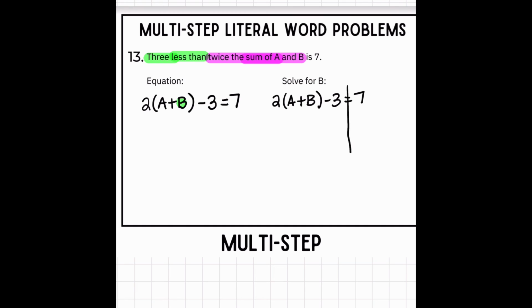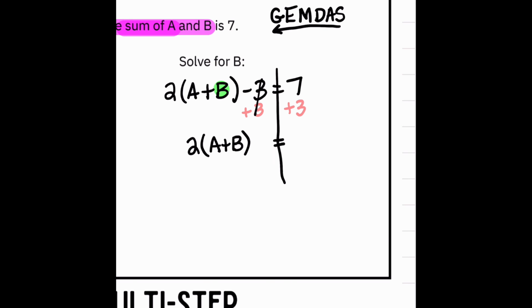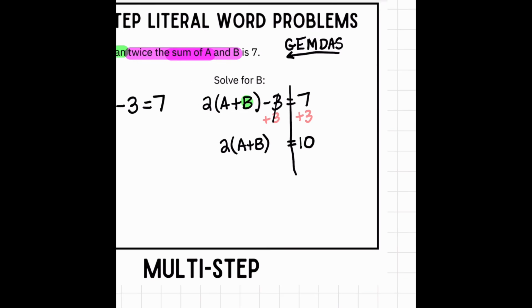Now in this particular problem, we're really going to have to focus on our order of operations backwards. So I'm going to start with my adding and subtracting because I need to get rid of that minus 3 first, especially if we're solving for B and B is in that parentheses. So I'm going to add 3 first. So I have 2 times A plus B, equals 10.